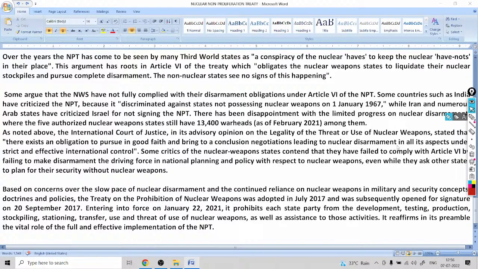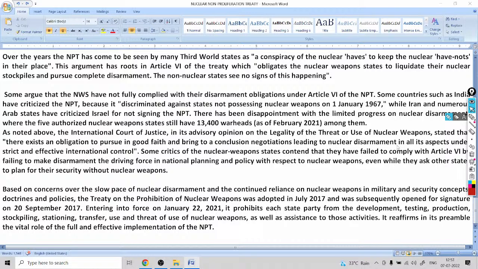The Treaty on Prohibition of Nuclear Weapons was adopted in 2017 and was subsequently opened for signature in September 2017, entering into force in January 2021. It prohibits each state party from developing, testing, production, stockpiling, stationing, transfer, use, and threat of use of nuclear weapons, as well as assistance to those activities.